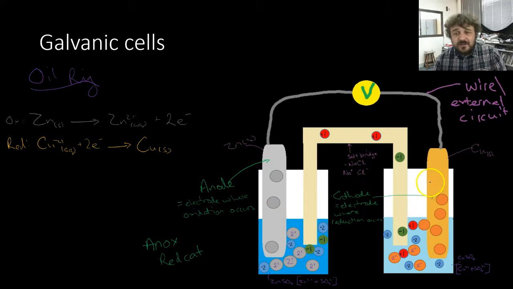The cathode is the electrode where reduction happens, and it is the electrode which attracts cations. A good way to remember this is AN OX, so anode, oxidation, and RED CAT, reduction, cathode. Alright, top work. See you later.